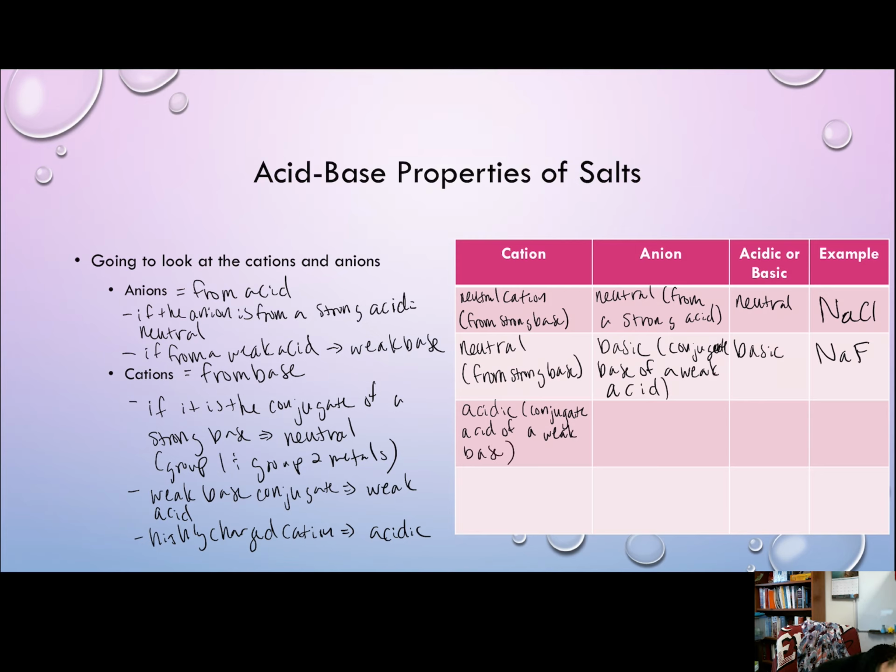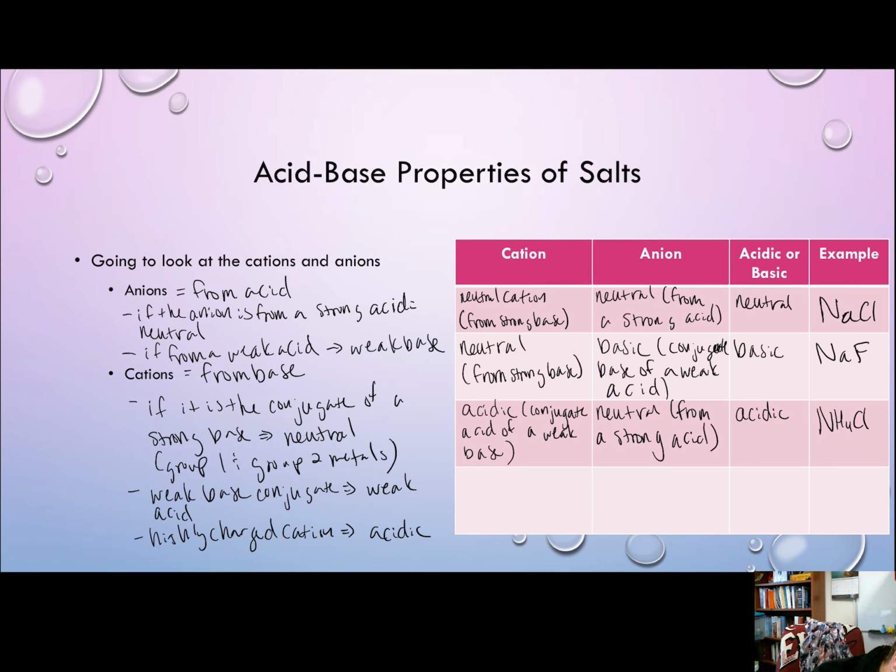And then we can have a neutral anion, so it's from a strong acid. And when they combine, they produce an acidic salt. So an example of this would be NH4Cl. NH4 comes from NH3, a weak base, and then Cl comes from HCl, a strong acid.